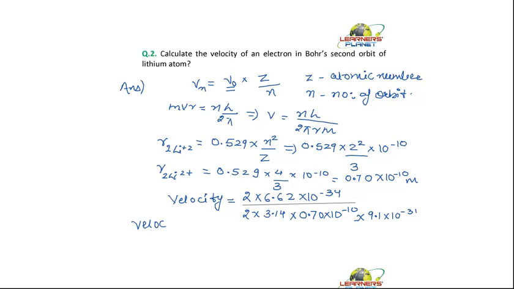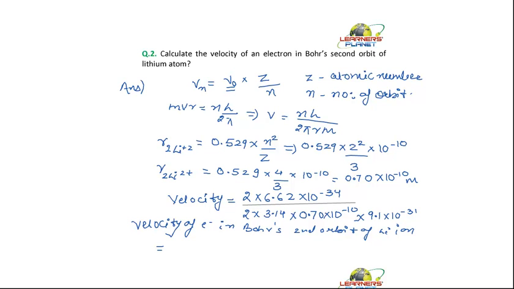So the velocity of the electron in Bohr's second orbit of lithium ion is equal to, calculate this, the 2 will get cancelled.